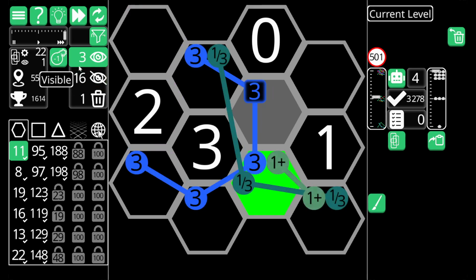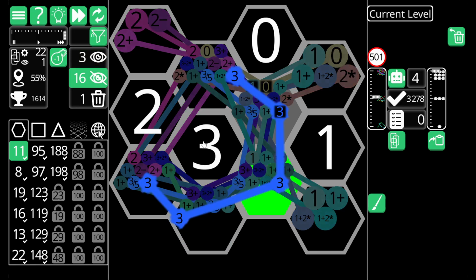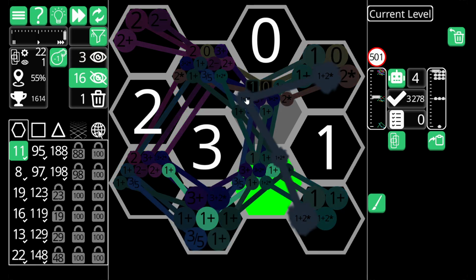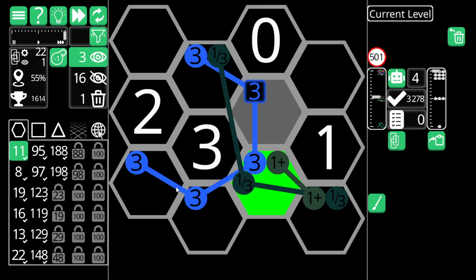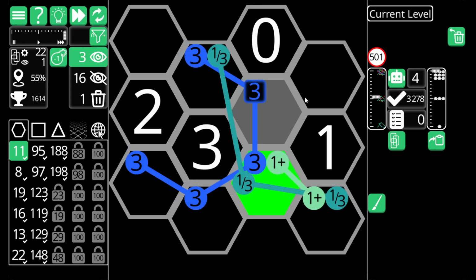So I could, yeah, this 3 region, these two cells here don't matter. I could cut them off and make this a one region, I think, and I could still make the same inference.